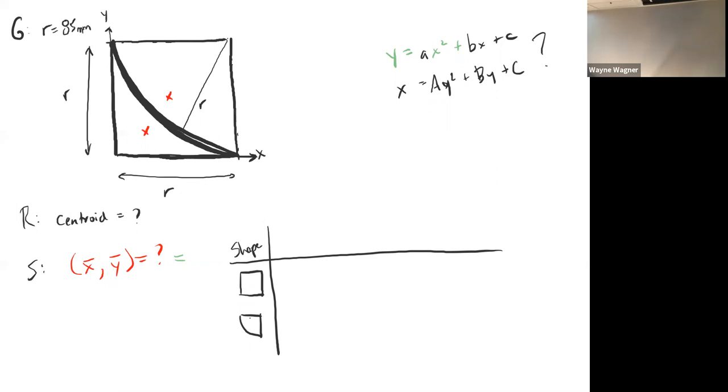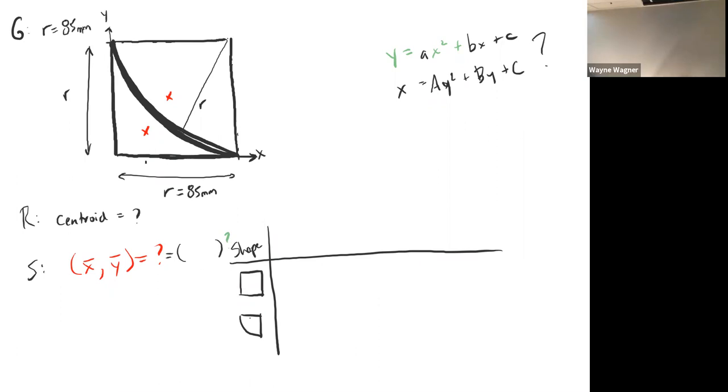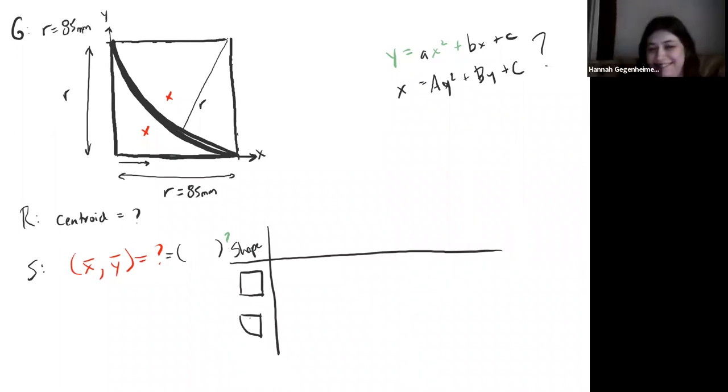If R is 85 millimeters, give me a guess for X bar and Y bar. Just a guess, don't stress out about it too much. What do you think the coordinates are in X? 20.